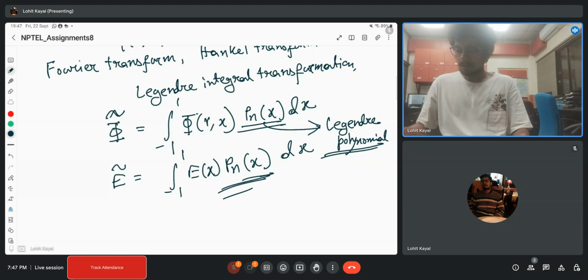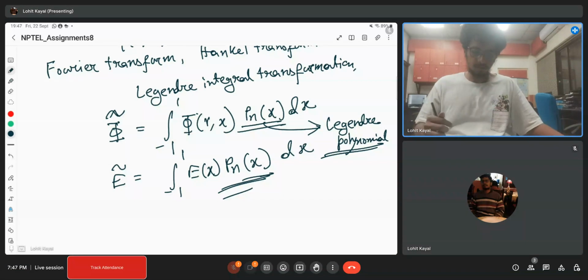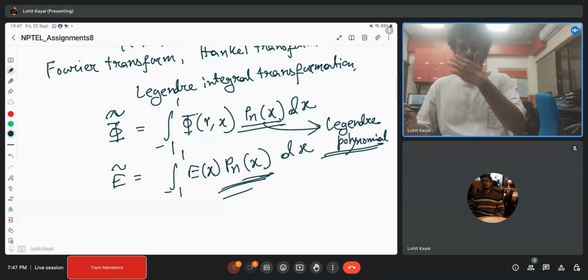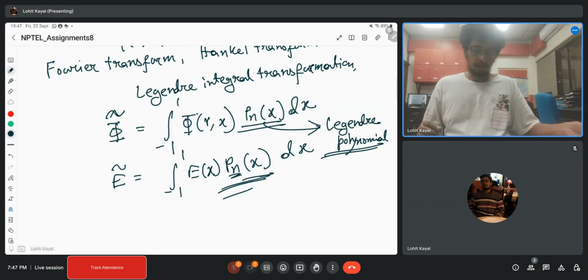Now you need to use this transformation in your spherical geometry, and after that you will be able to find a solution based on this n. And if we provide an arbitrary initial condition, then you will be able to find your solution for that.